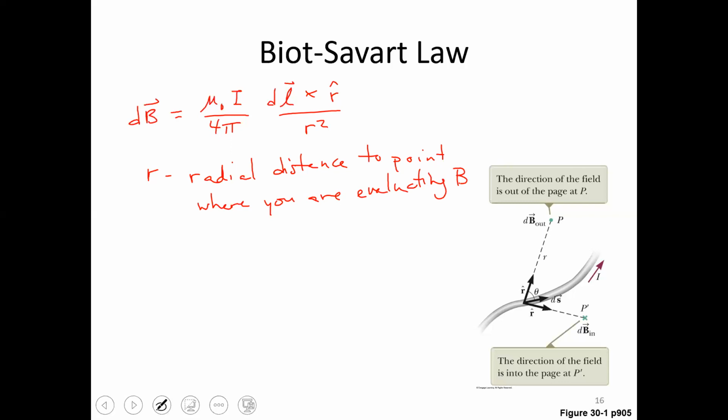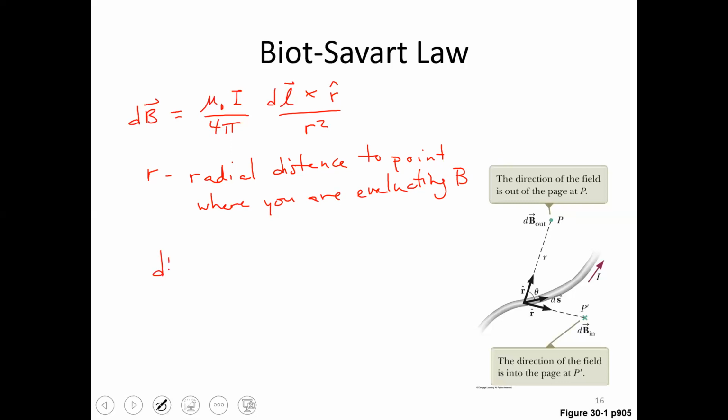Right? So if r is that radial distance, r hat is the unit vector in that direction. So it's just got a length of 1 pointed in that same direction. And r squared is that distance squared. So the cross product is where the right-hand rule comes in.